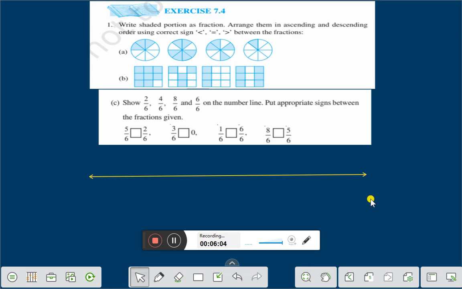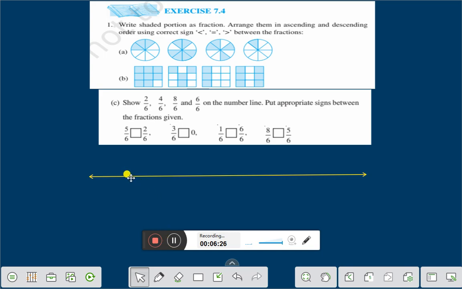We have drawn a number line and we'll show the different points, right? Here the fractions are 2 by 6, 4 by 6, 8 by 6 and 6 by 6.